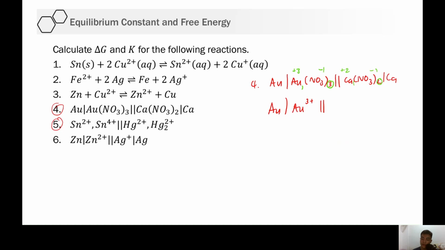So calcium nitrate can be simply written as Ca2+, and then we have Ca. Whenever you see cell notations written in this manner, all you have to do is get the ionic form of the reacting species. That's usually written for metals, so you don't mind the other chemicals there.